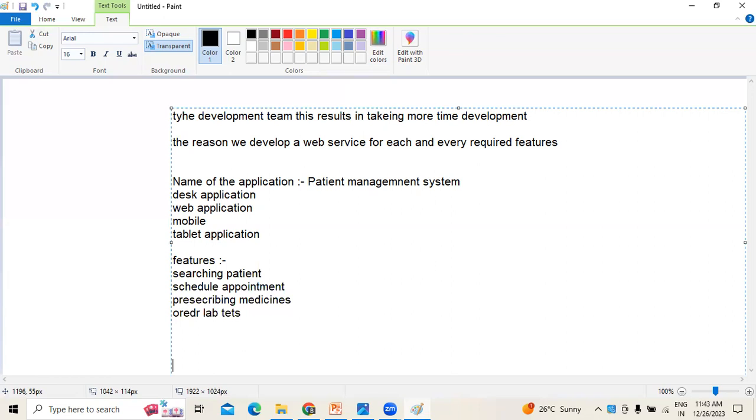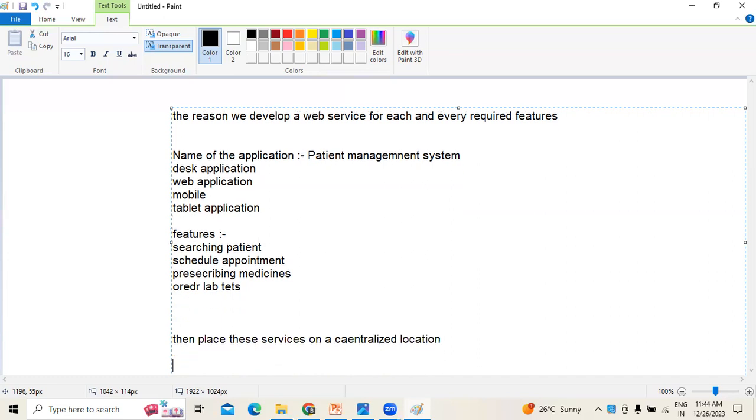Like that, if you are creating a web service for each and every service or feature we require, then we have to place these services on a centralized database or a centralized location, I can say, right?